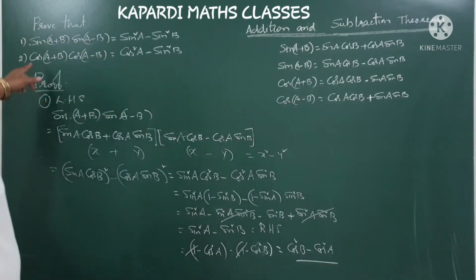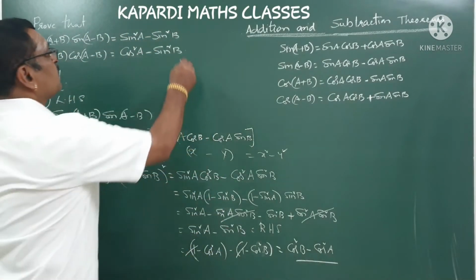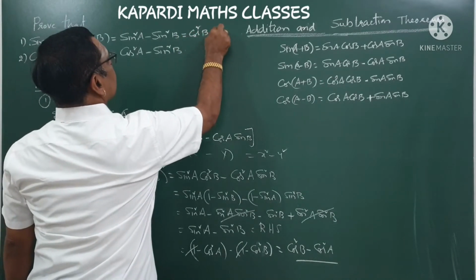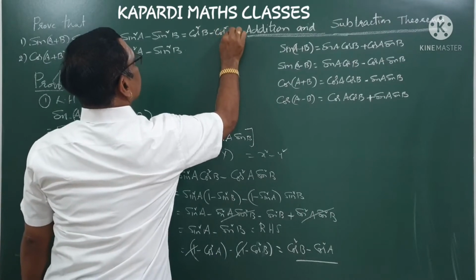That means you can express this identity completely in terms of sine or in terms of cos. I will write here cos square b minus cos square a.